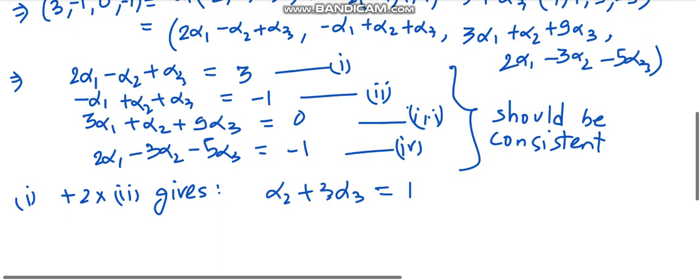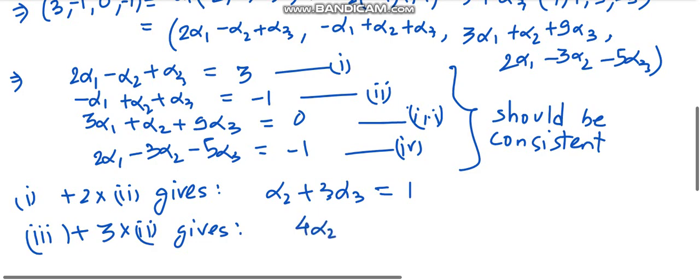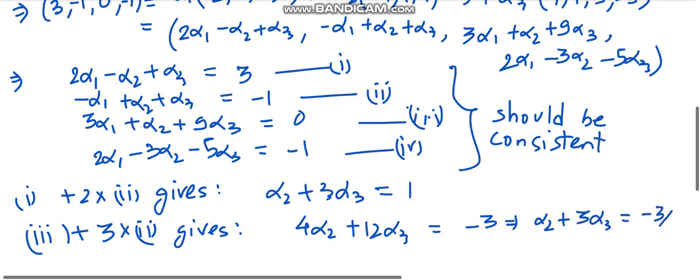Similarly, equation 3 plus 3 times equation 2 gives 4 alpha 2 plus 12 alpha 3 equal to minus 3. Okay, this implies that alpha 2 plus 3 alpha 3 equal to minus 3 by 4.